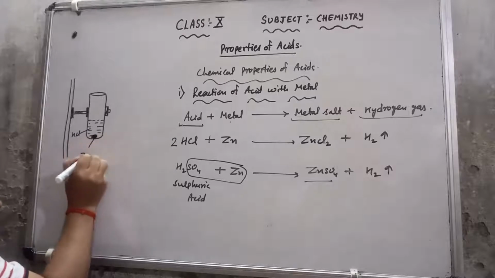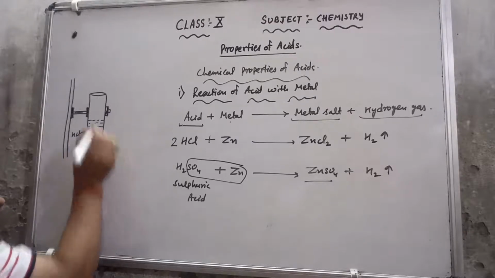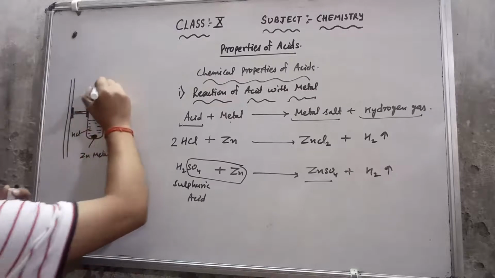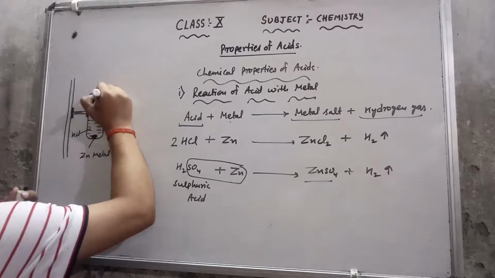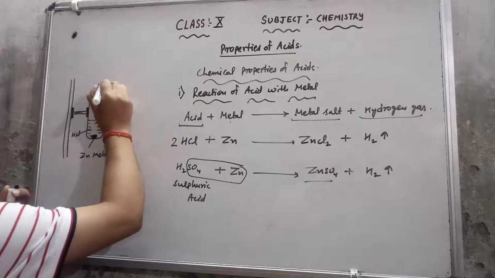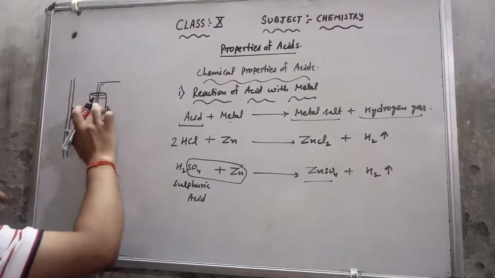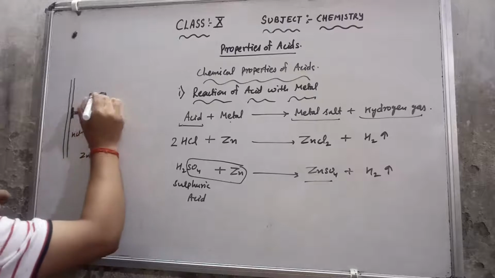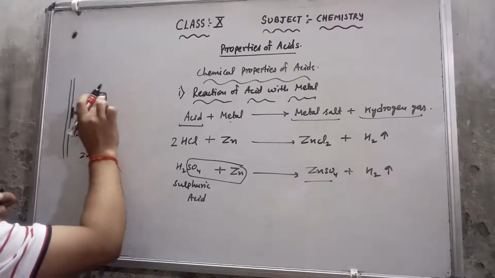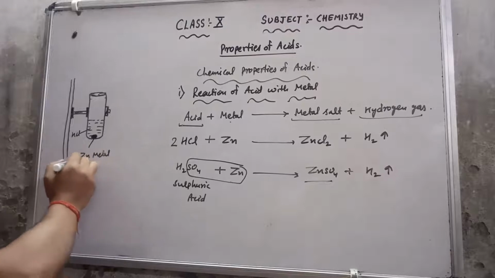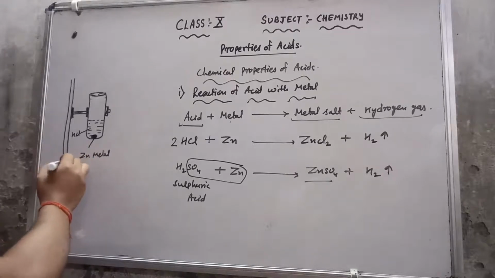This is the zinc metal, and here I am using a delivery tube, through which whatever gas is released comes out, or you can also do it directly here. This is a test tube, and as we know, whenever acid reacts with zinc metal, it releases hydrogen gas.